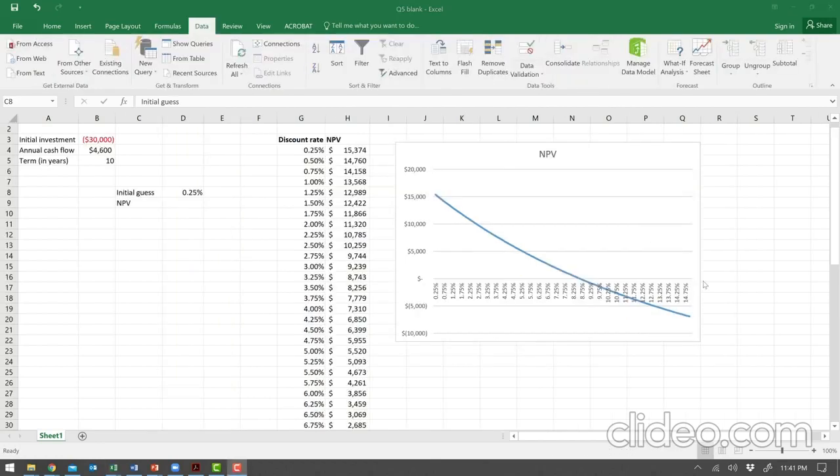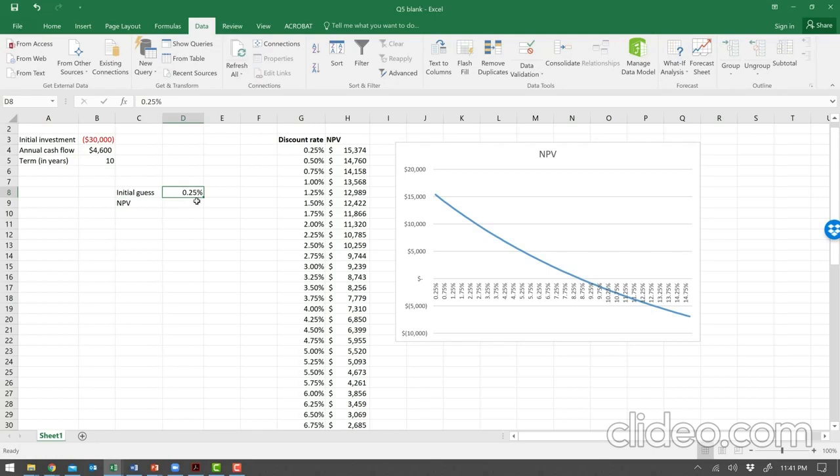The first method of finding the internal rate of return is to use the goal-seek function in Excel. This function numerically solves equations. To use this function, we need to compute the net present value of a project for any given discount rate. This initial discount rate is often referred to as an initial guess.